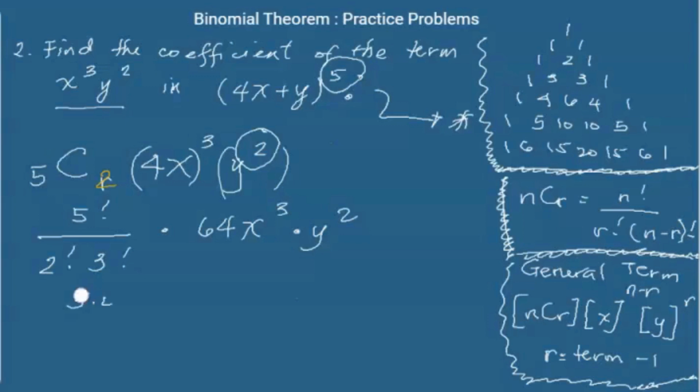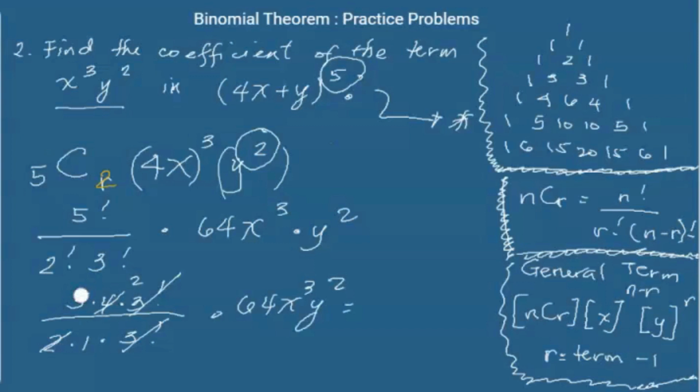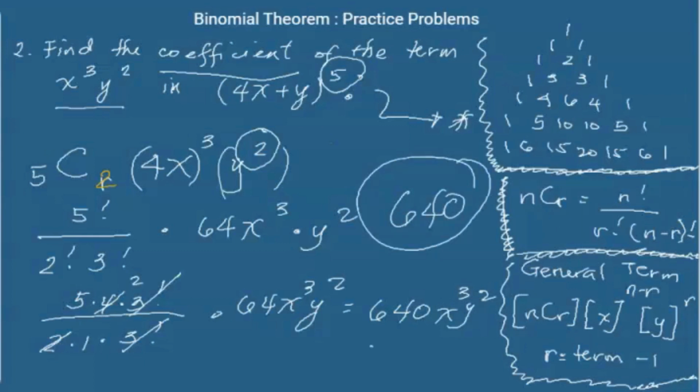That's 5 times 4 times 3 factorial over 2 times 1 times 3 factorial. So I can cancel 4 and 2, that's 2. Then I have 10 times 64 x cubed y squared. 10 times 64 is 640 x cubed y squared. And we're asked only to find the coefficient, so we only need 640 as our final answer.